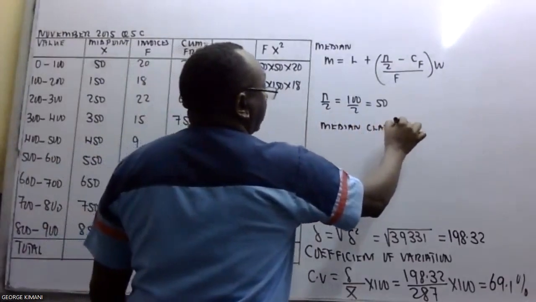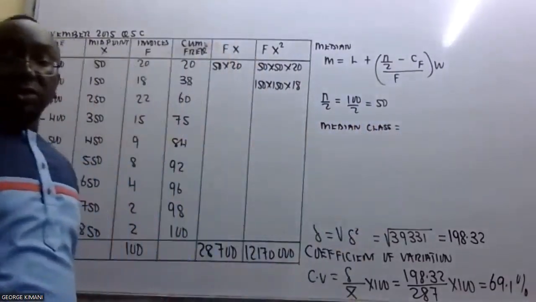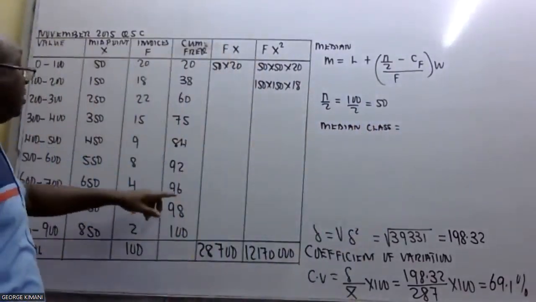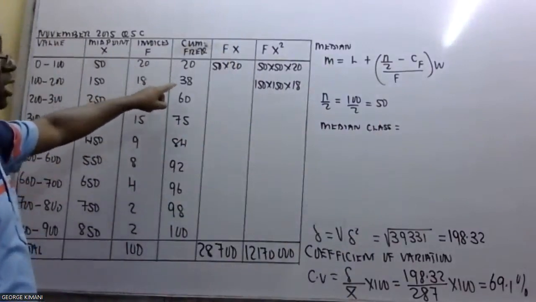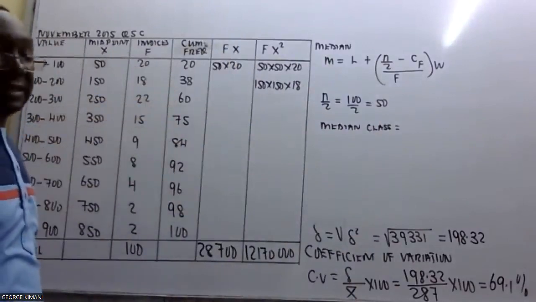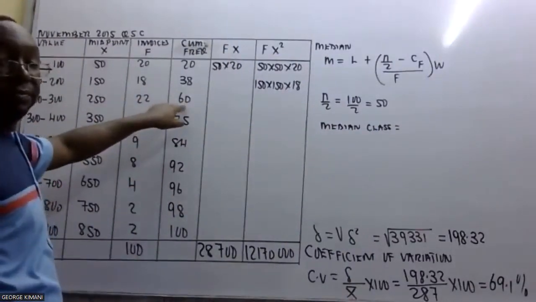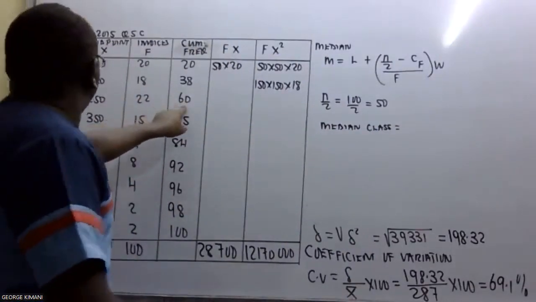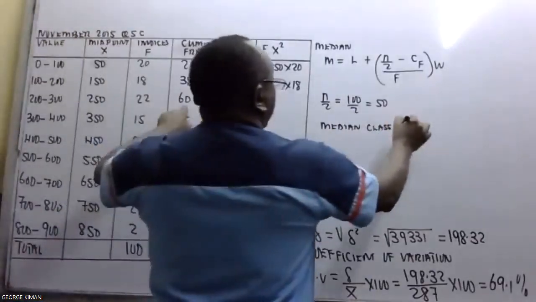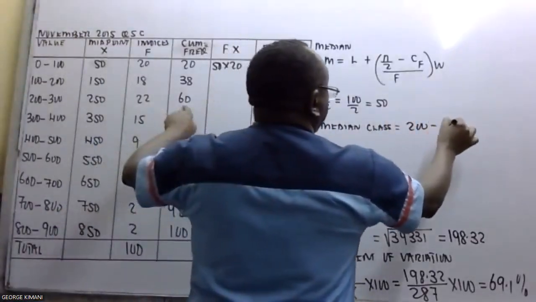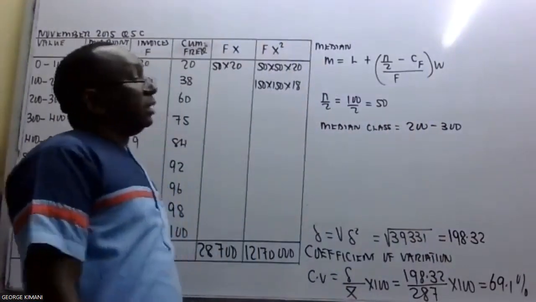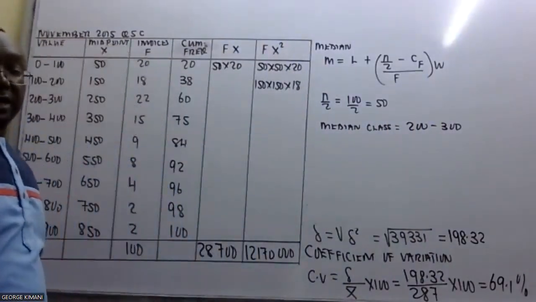The median class, you come to the cumulative frequency, you look for where 50 is. So 50 is in this class, here at 60. So if you are here, the class is 200 to 300.